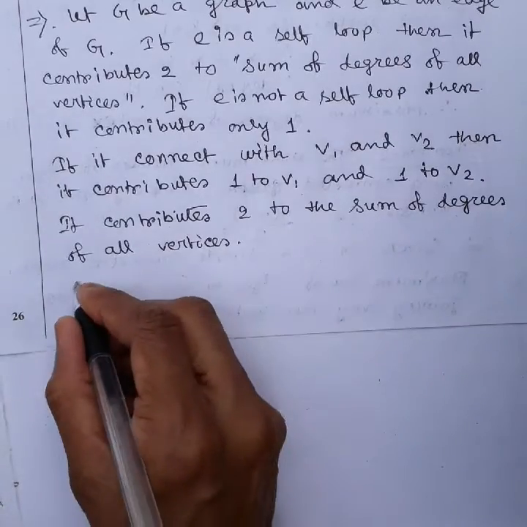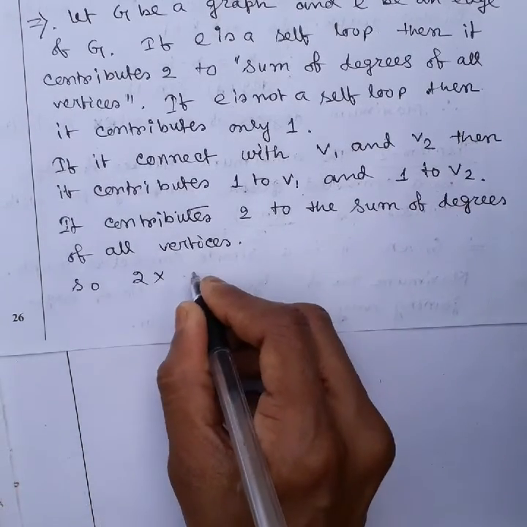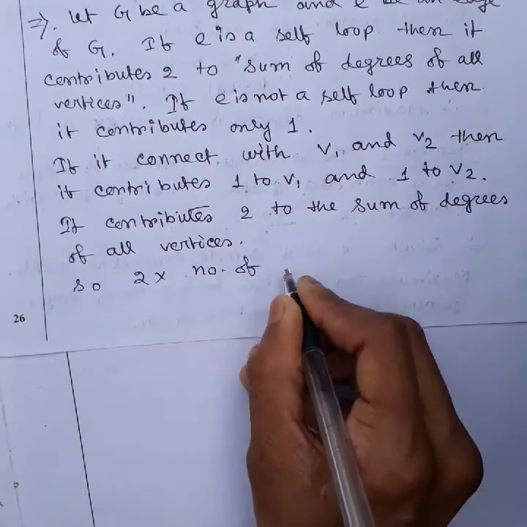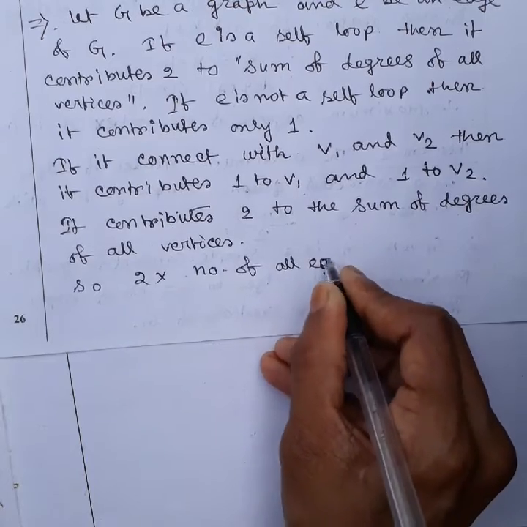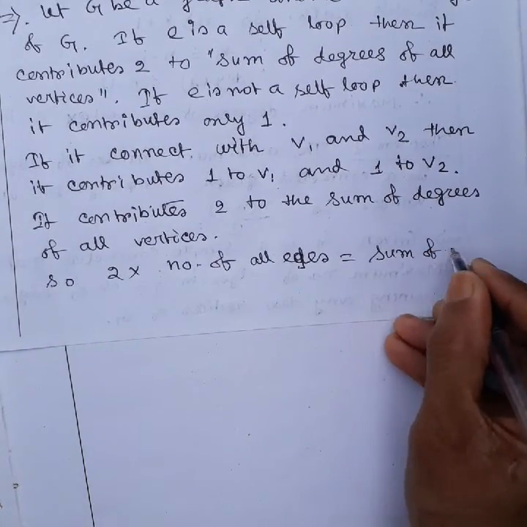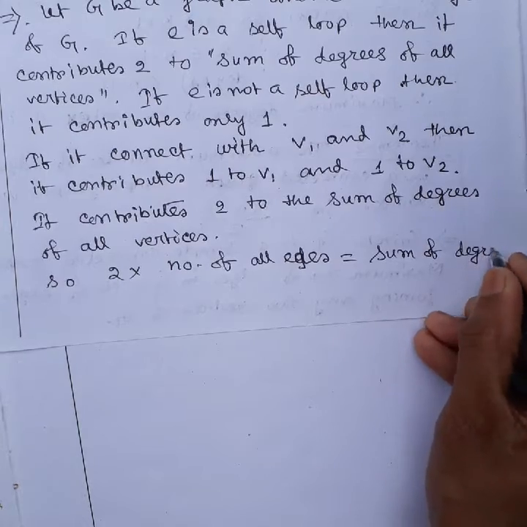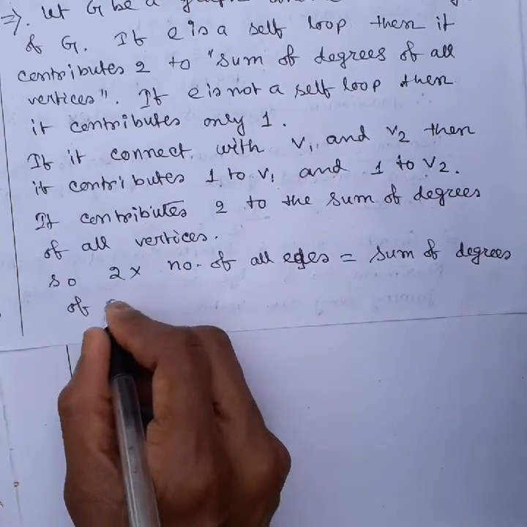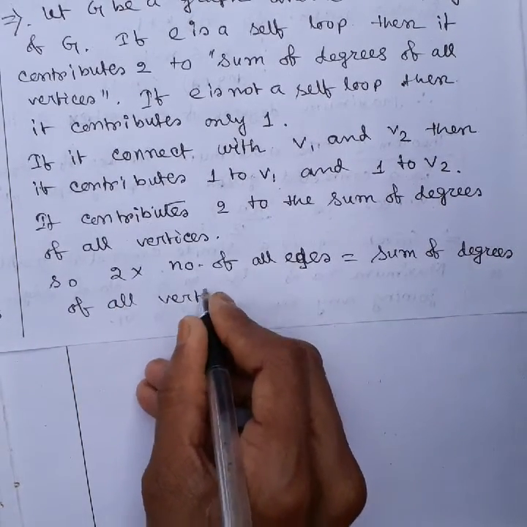So 2 into the number of all edges is equal to the sum of degrees of all vertices.